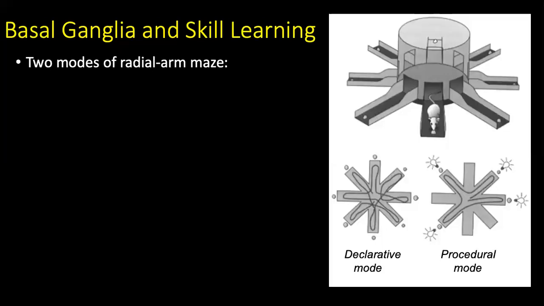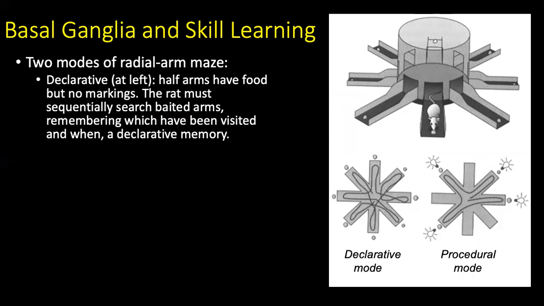So let's look a little bit at these. This is a really nice animal model that separates declarative and procedural learning in rats. So this is called a radial arm maze. We've looked at this a little bit before. It's a really common way to look at rodent memory in particular. And so on the left side here, we have an example of what the declarative learning mode of this maze would be.